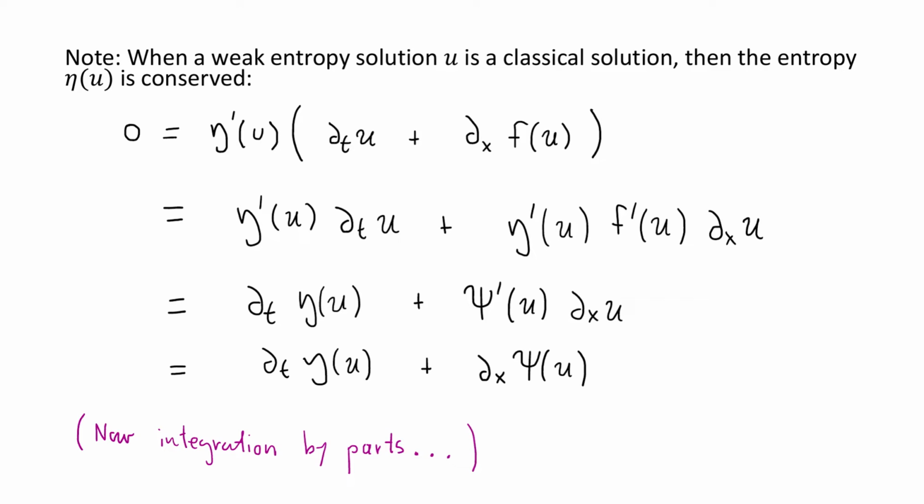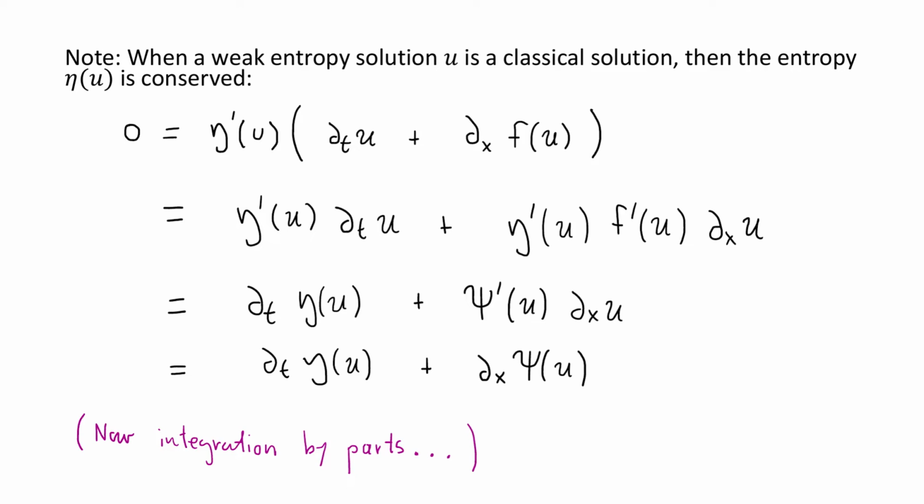Please notice that we can simplify the setting also when u is a classical solution. In that situation, eta of u can be conceived as a conserved quantity. To see this, we observe first that 0 equals eta prime of u times t derivative of u plus x derivative of f of u. That first equality is true because now we assume u to be a classical solution satisfying the conservation law in the classical sense. Now that equals eta prime of u times t derivative of u plus eta prime of u times f prime of u times x derivative of u.